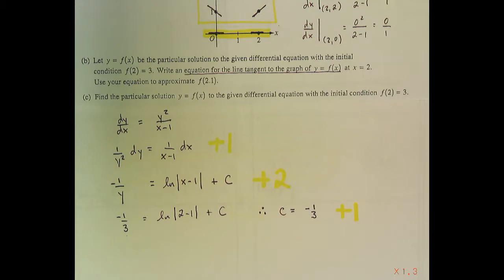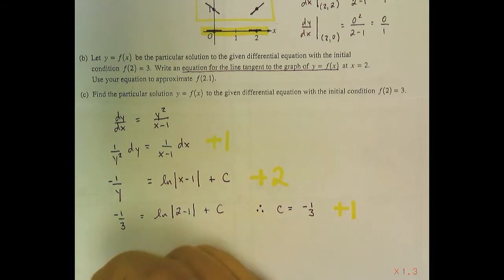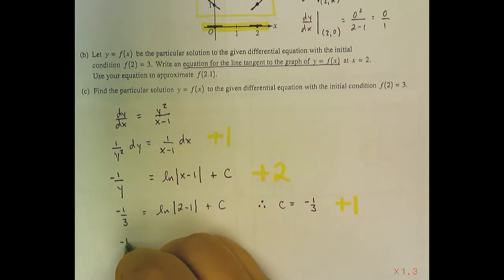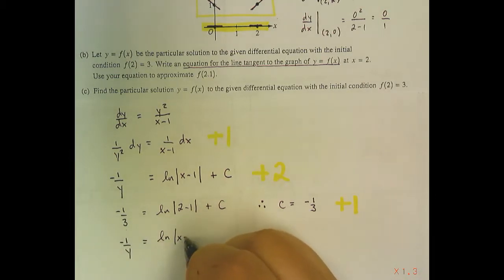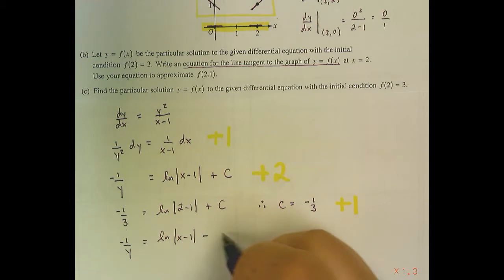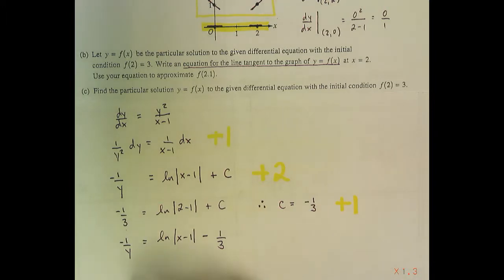And then finally, we need to solve this for y. So if we go back to negative 1 over y, we can start solving this for y. So let's see. We can multiply y to the right-hand side.